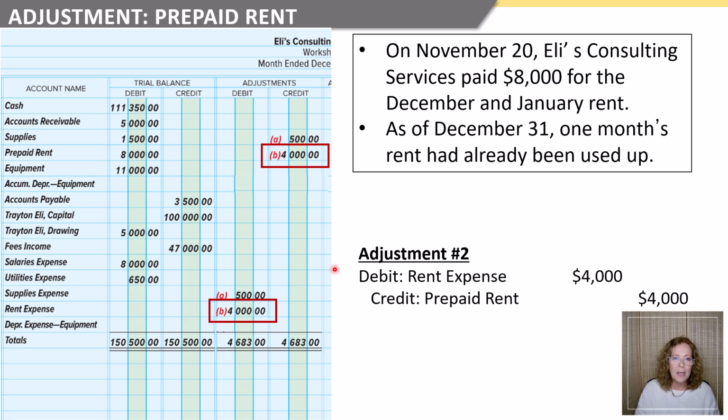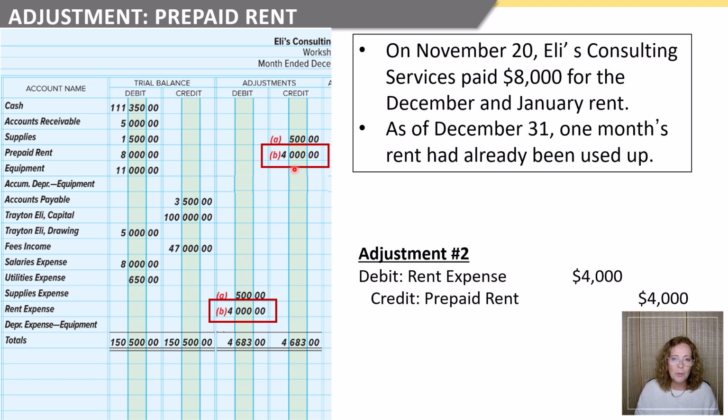The prepaid rent account decreased, so we need to credit the prepaid rent account. We recorded the December portion in the worksheet by entering a $4,000 debit into the adjustment column for rent expense and a credit into the adjustment column for prepaid rent.